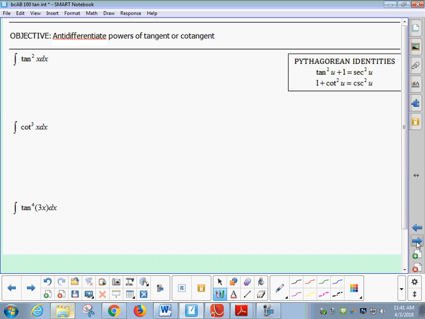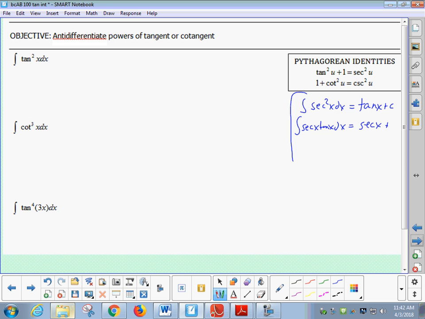You'll also need to recall some known derivatives. Wouldn't you agree that if you could get to secant squared as an integral, then you'd be home free, because the antiderivative of secant squared is tangent. And likewise, if you could somehow manipulate to get to secant tangent, you would be home free because the antiderivative of secant tangent is secant.